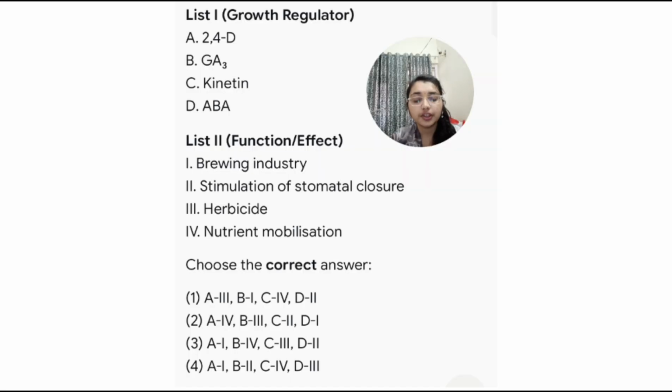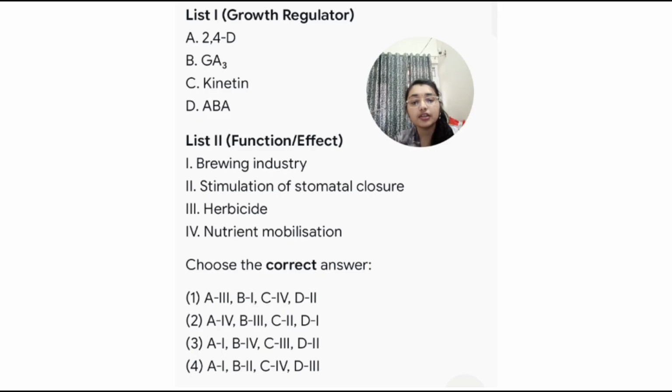Here there are growth regulators, and a list is given for the functions of the growth regulators. List 1: A is 2,4-D, B is GA3, C is kinetin, and D is ABA. List 2: option 1 is brewing industry, option 2 is stimulation of stomatal closure, 3 is herbicides, and 4 is nutrient mobilization.